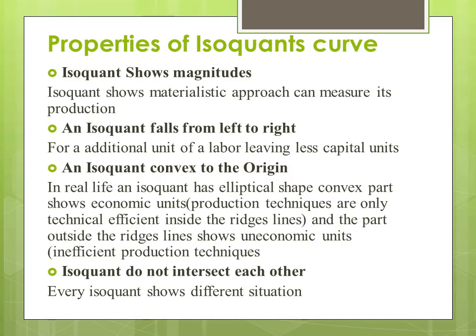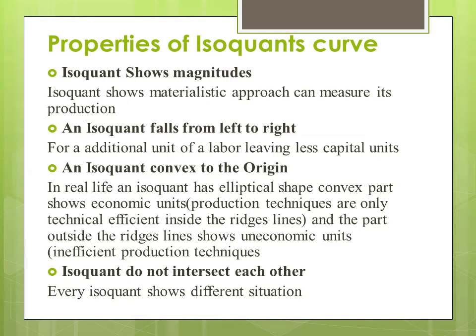Next we will discuss the properties of isoquant curves. First, an isoquant shows magnitudes. An isoquant shows a materialistic approach; it can measure production. As I have discussed in a previous lecture, an indifference curve shows different bundles of two goods which give equal satisfaction to a consumer.